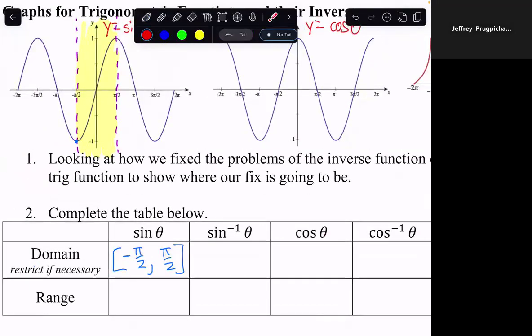And what is the range? Well, we can see that the range can still go as low as -1, and it hits every y value up to and including +1.